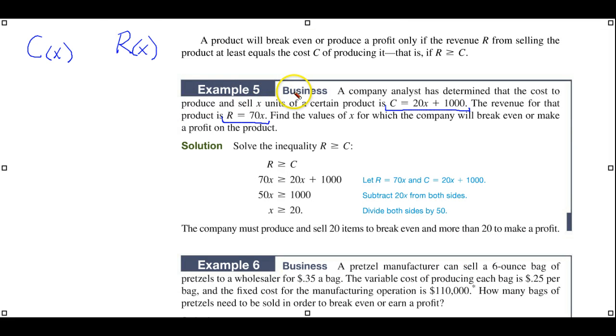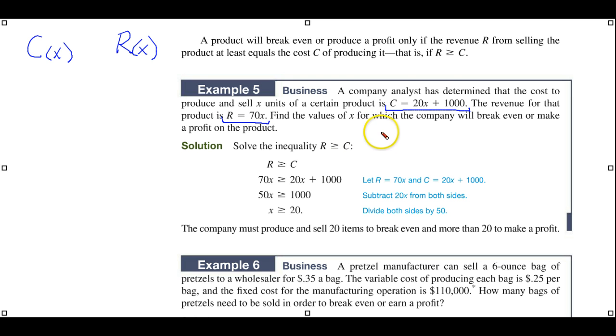In example 5, we're going back to reflect on cost and revenue. And they give us these values of cost and revenue. And they're wondering, solve the inequality. When will the company break even or make a profit on the product? So we just set it up like they show.